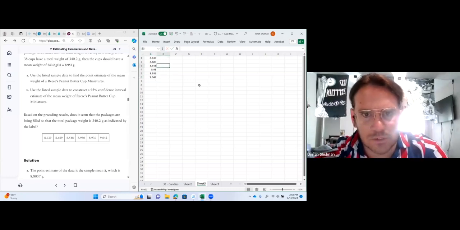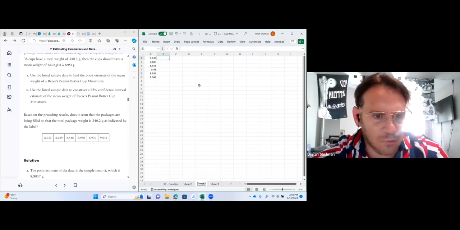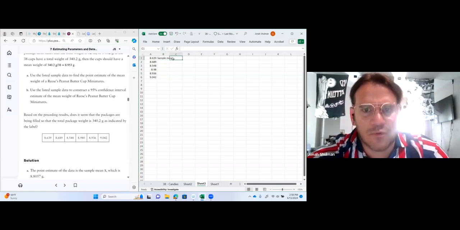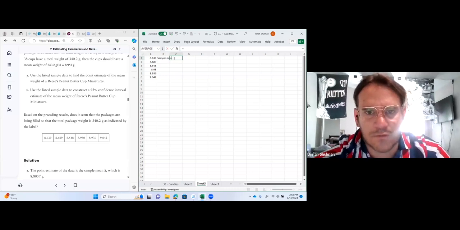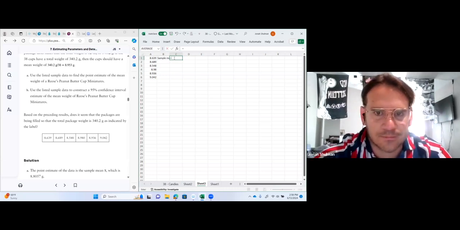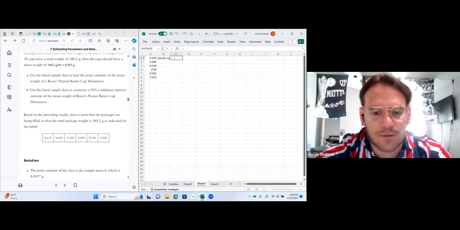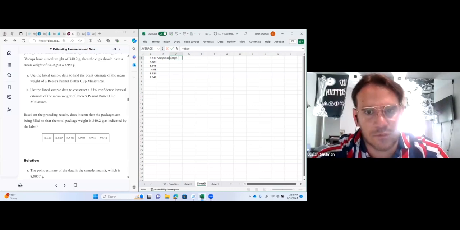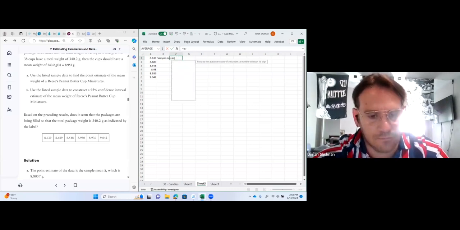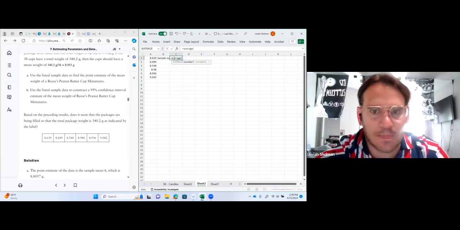The first thing I'm going to do is just get a sample mean. To get the sample mean, I'm going to add up all of these values and divide by the total, or I'm just going to do equals average. That's going to be my first step.